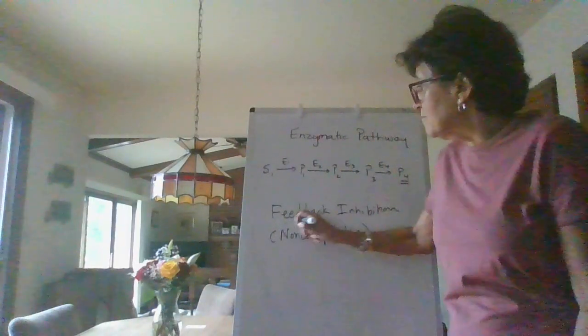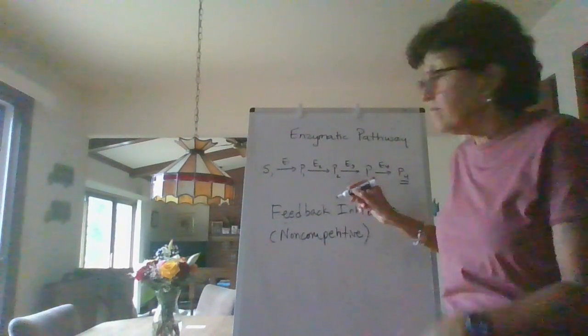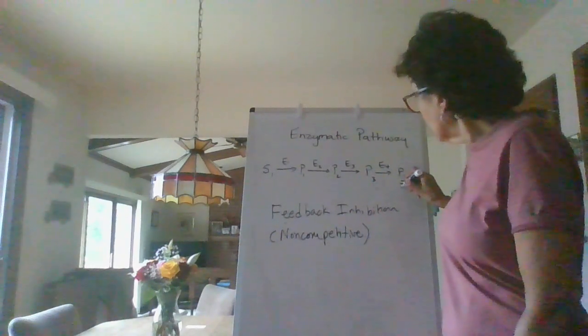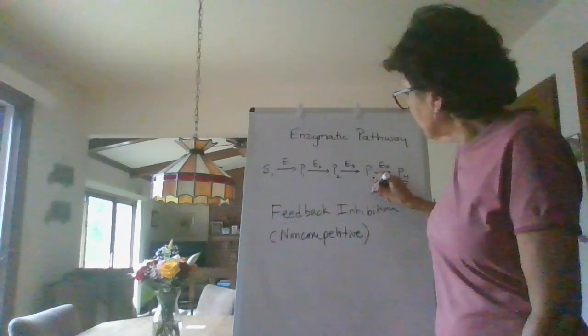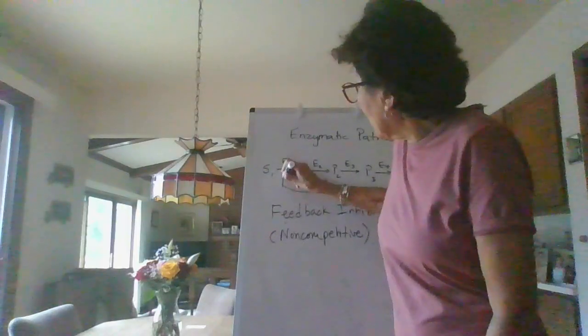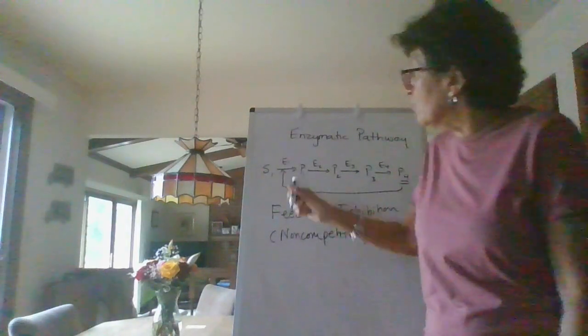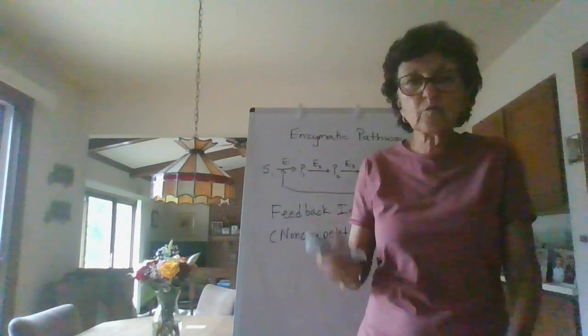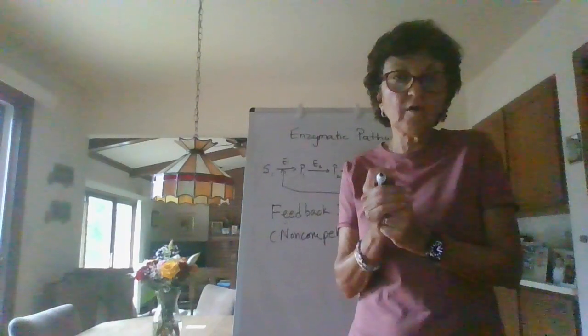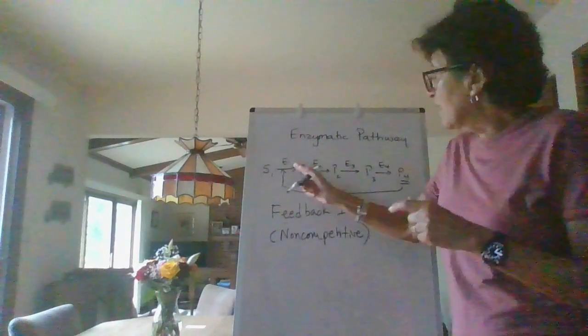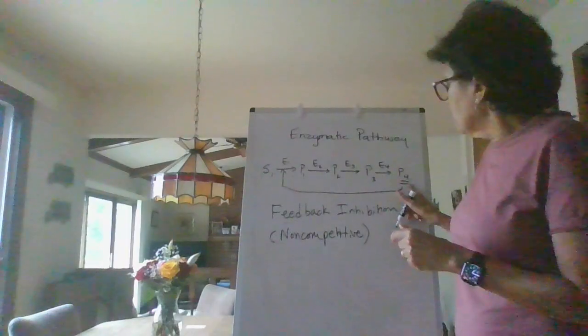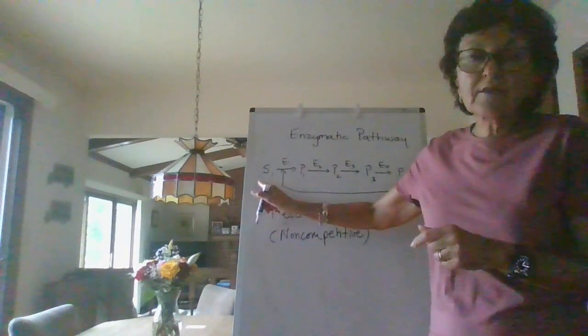So that's what the term feedback is. What happens is that this end product will feed back and act as an inhibitor to enzyme 1. It will inhibit enzyme 1. And it makes sense that P4 doesn't look at all like S1.